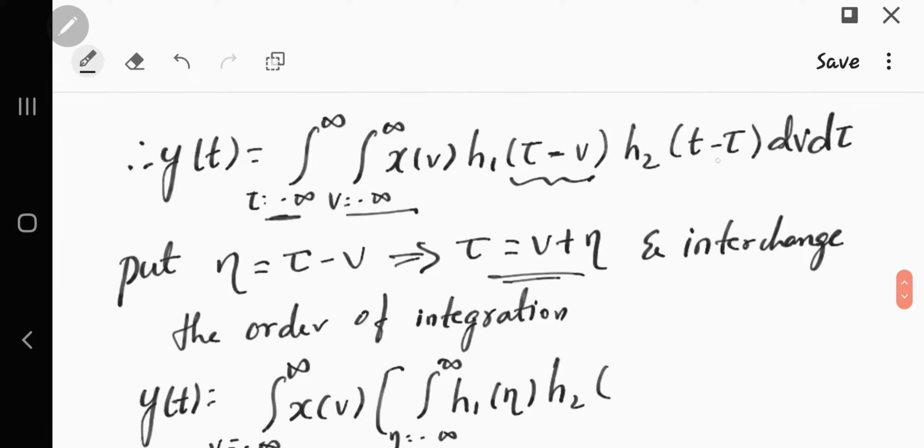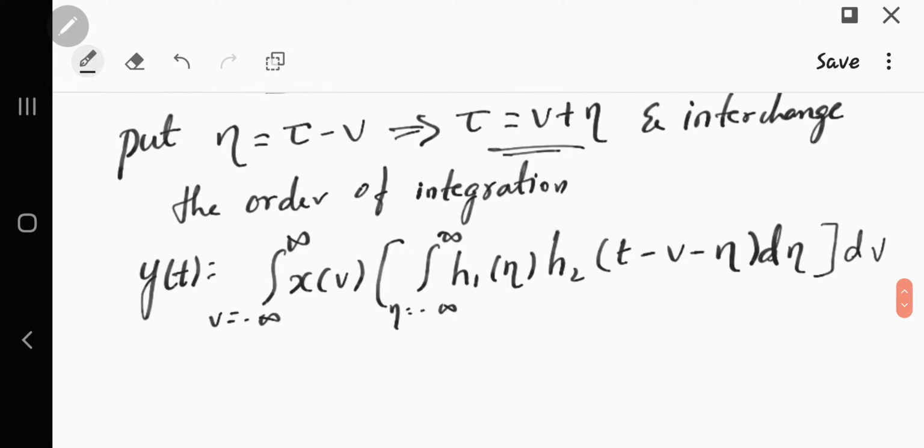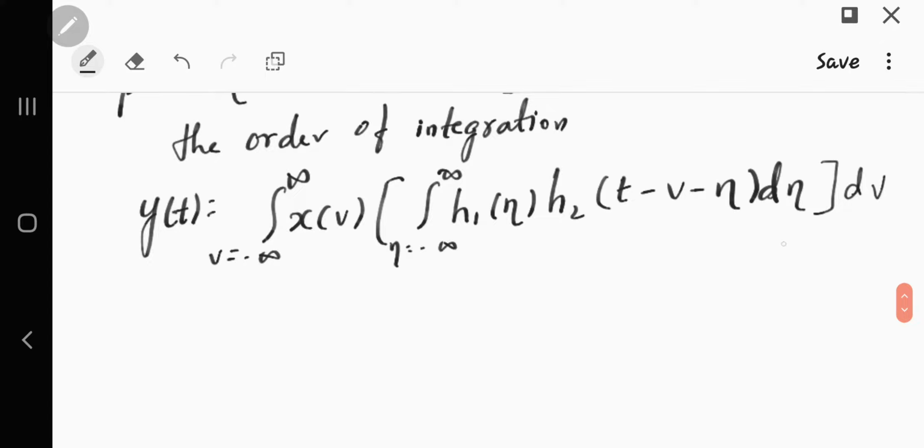I will directly multiply with the minus and write it here. So that becomes t minus v minus eta, d eta, dv. So tau is replaced by eta, and this is what we get here. We call this equation number 2.